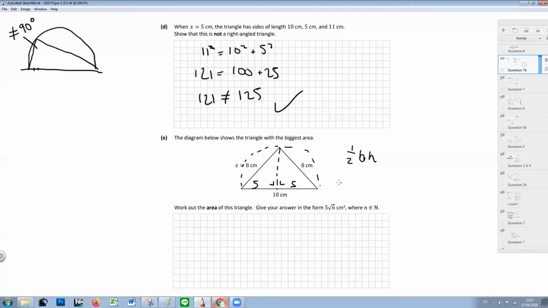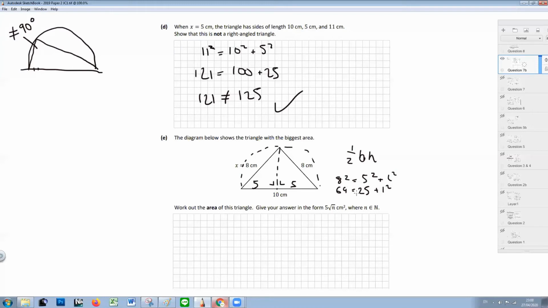That's going to be 8 squared is equal to 5 squared plus, and we'll just call this L, so 64 is equal to 25 plus L squared. If you're more comfortable with this, I can call it the opposite or adjacent. I'm just calling it L for this instance.